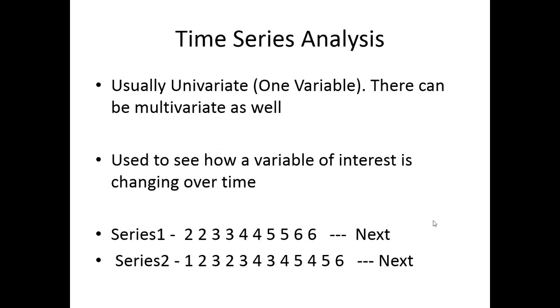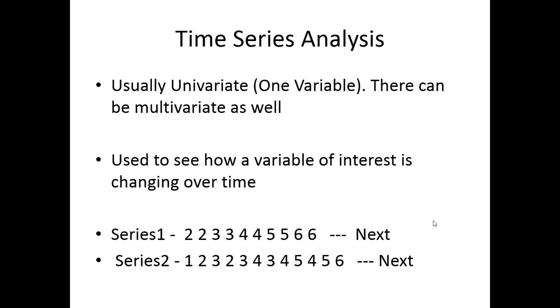Time series analysis is a type of analysis that is done upon time series data. Usually it's univariate because when we collect data, most of the time we collect it for one variable. We can always have multivariate cases also. We can collect data simultaneously for a number of variables and do analysis upon them at the same time.